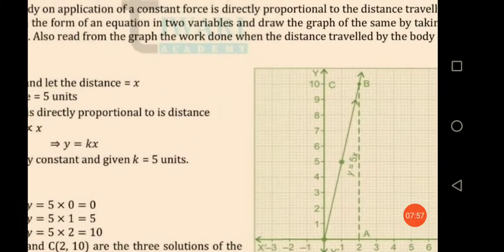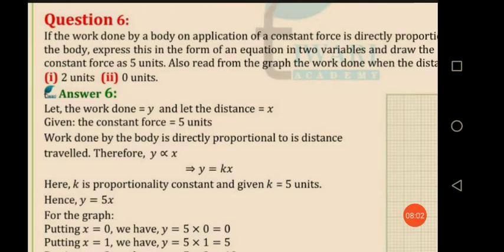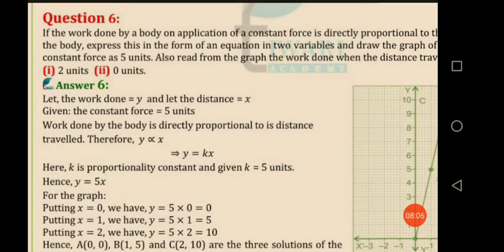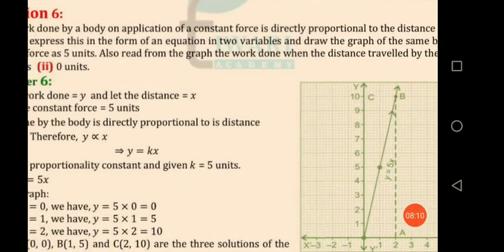Next question says that the work done by a body on application of constant force is directly proportional to the distance traveled.